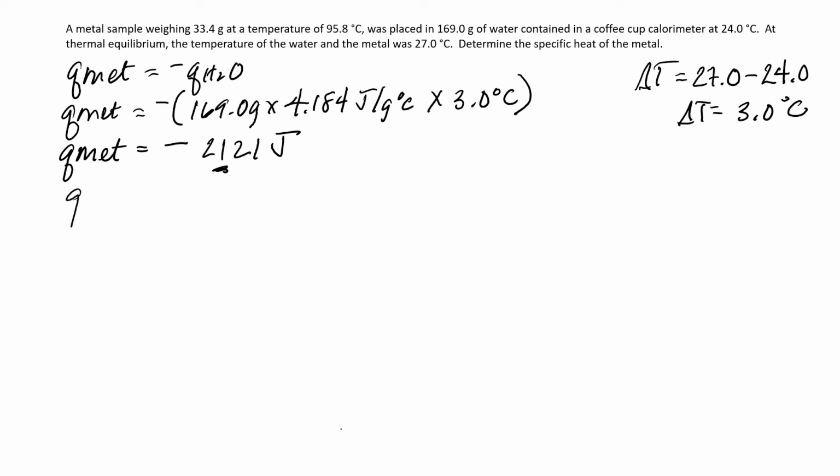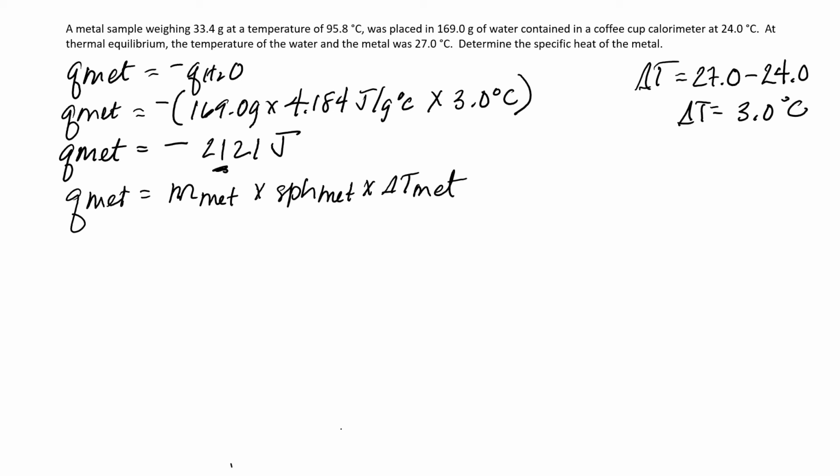So again, Q of that metal now equals the mass of the metal times the specific heat of that metal times the delta T of the metal. We know the mass of the metal.